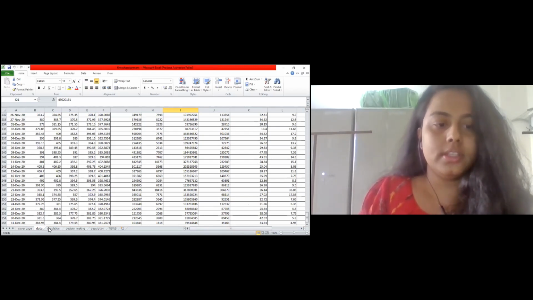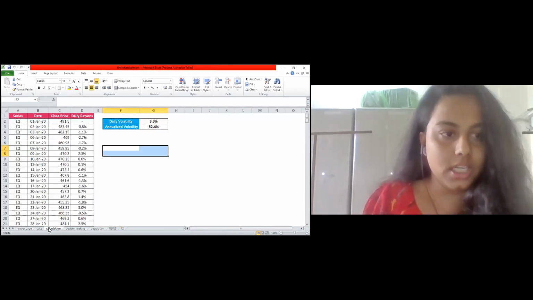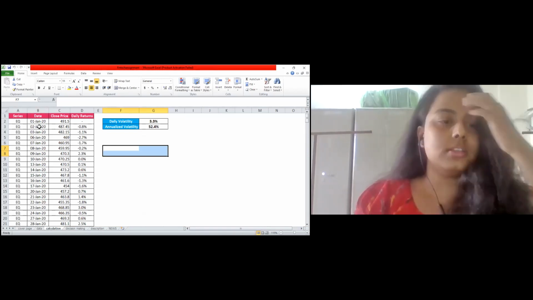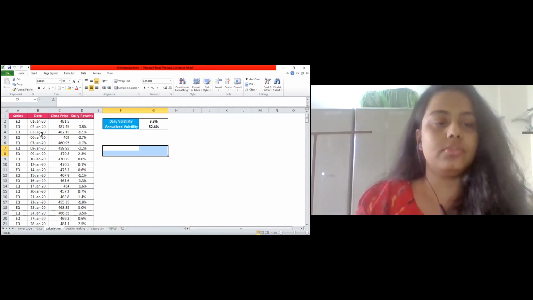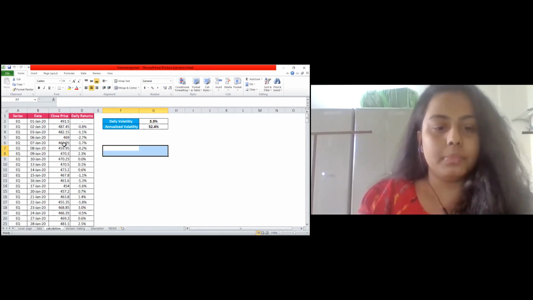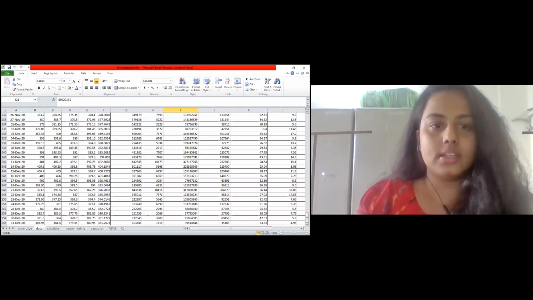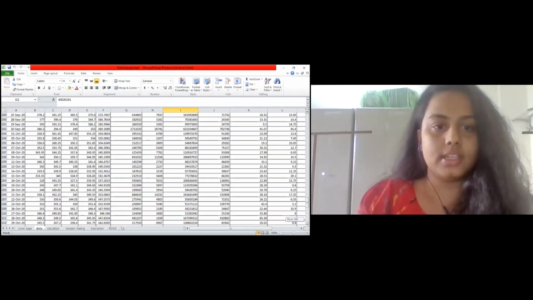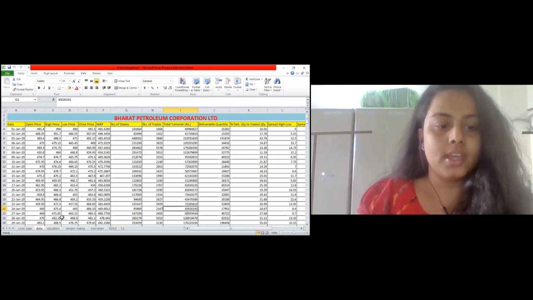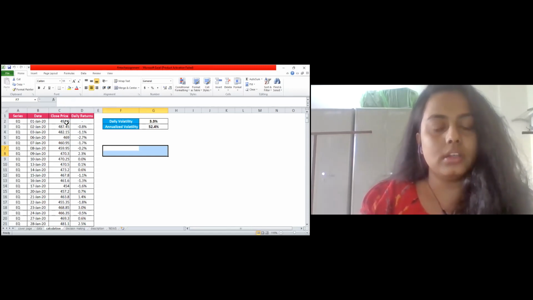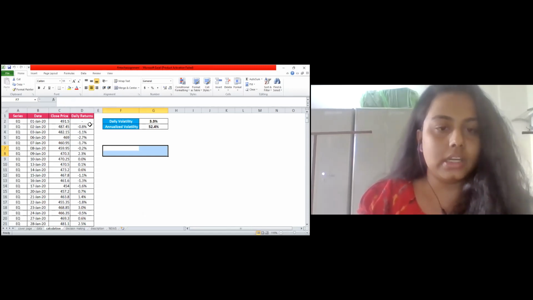When going to the calculation part, it is very easy to do. First we need to copy paste into the template the date and then the closing price, which is already given in the data. I hope you can see it on top. In the calculation part, if we just copy paste the date and the closing price, we will get the daily return.